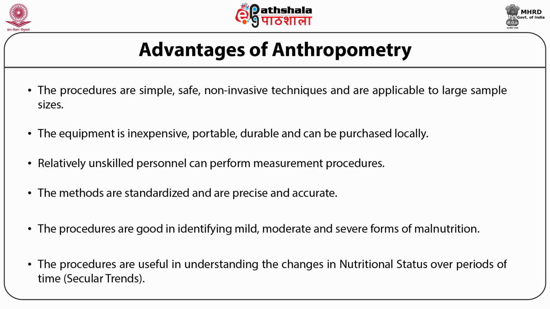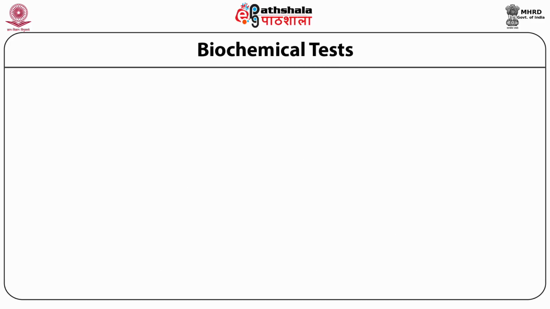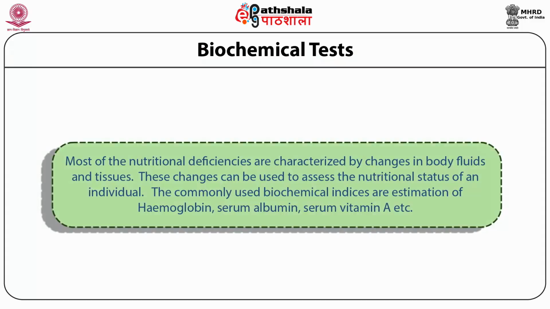Now let us see how the nutritional status can be assessed using the biochemical test. Most of the nutritional deficiencies are characterized by changes in body fluids and tissues. These changes can be used to assess the nutritional status of an individual.